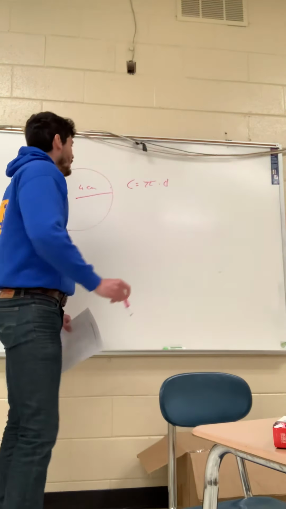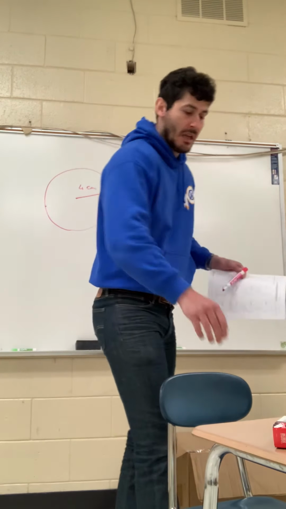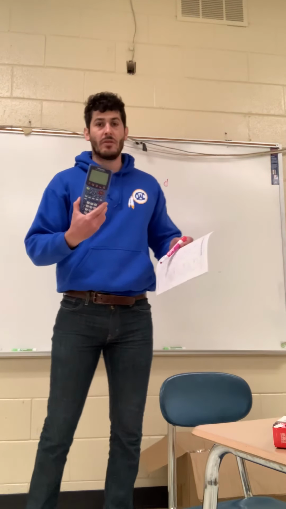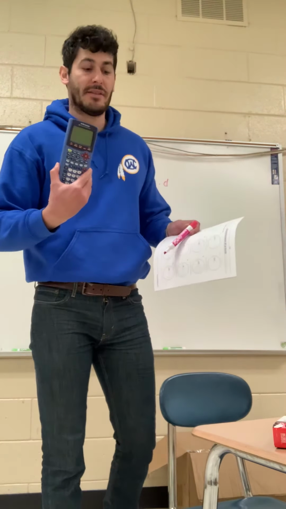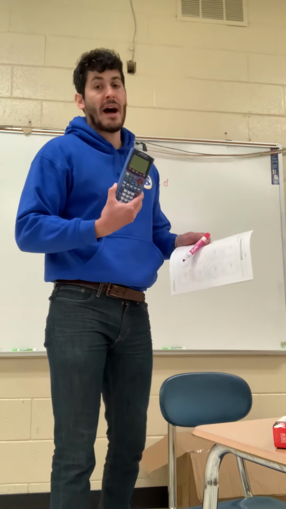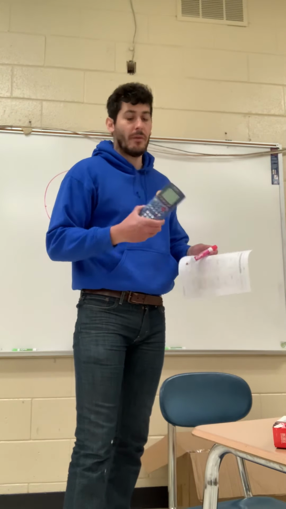Now, at home, if you don't have a calculator like the ones that we have at school, you don't have a pi button, it's totally fine. You can use 3.14 for pi. So instead of the pi button, you use 3.14.